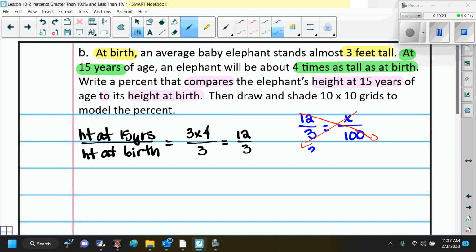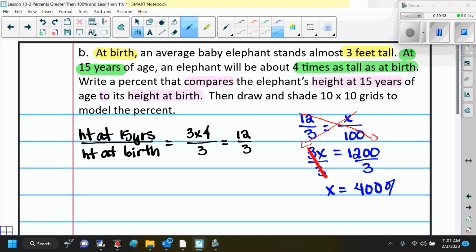And on the other side we have 12 times 100, which is 1200. Then, to get the x by itself, we will divide by 3. Beautiful. So now those 3's cancel, and x is equal to 400.